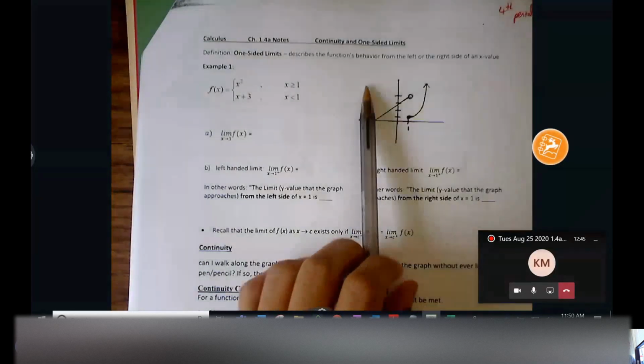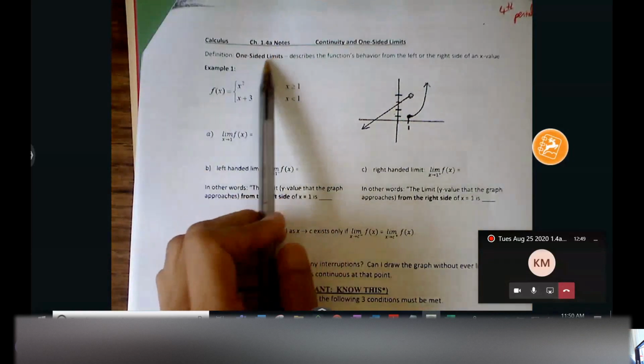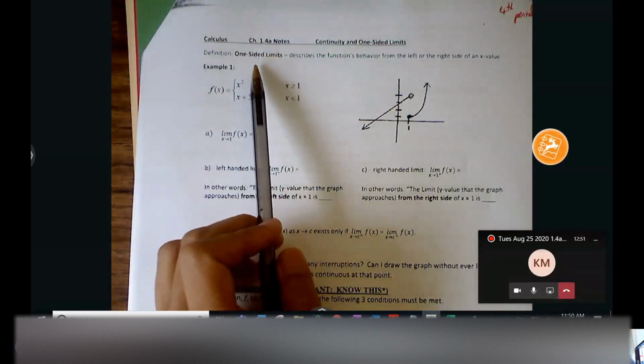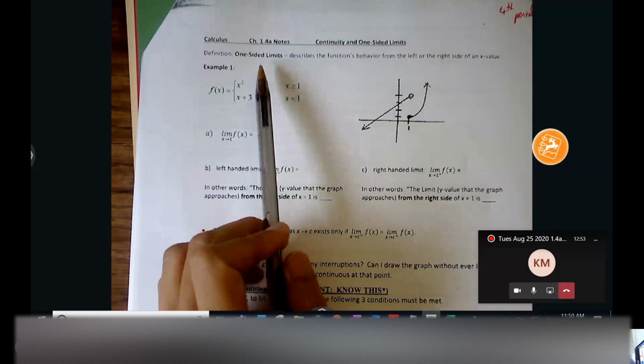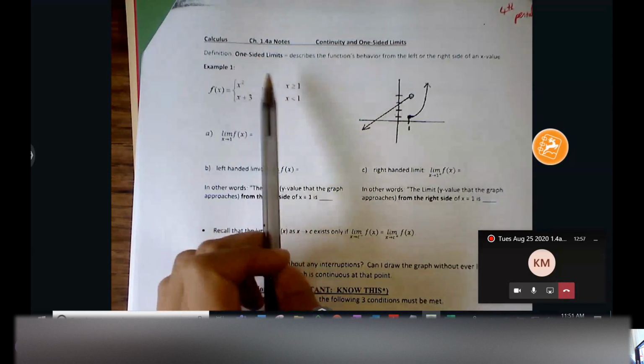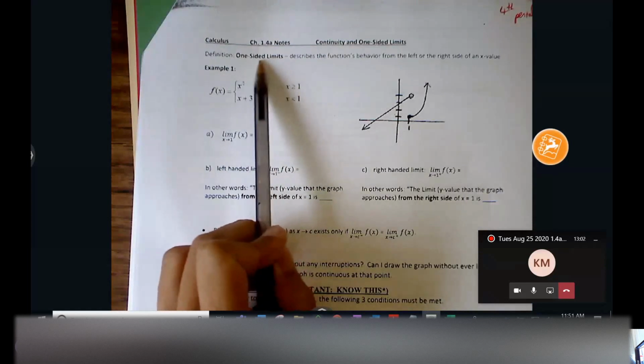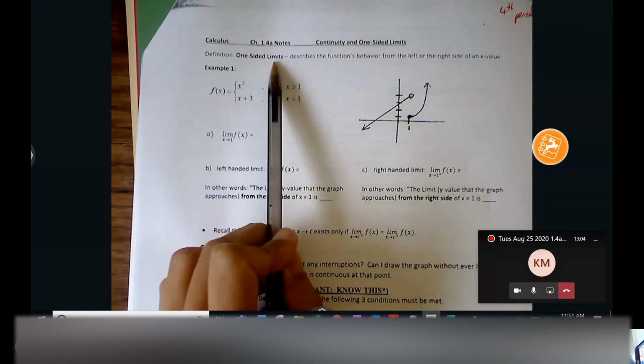So that still stands, but sometimes we want to give a little more detail about how each side is behaving, in case they're going to different y values. Being able to provide some additional information can be helpful.